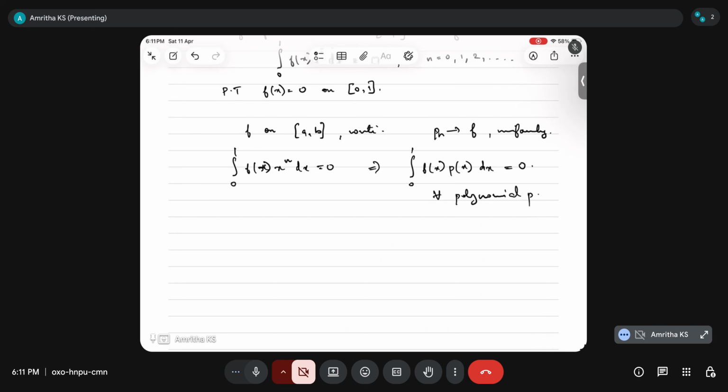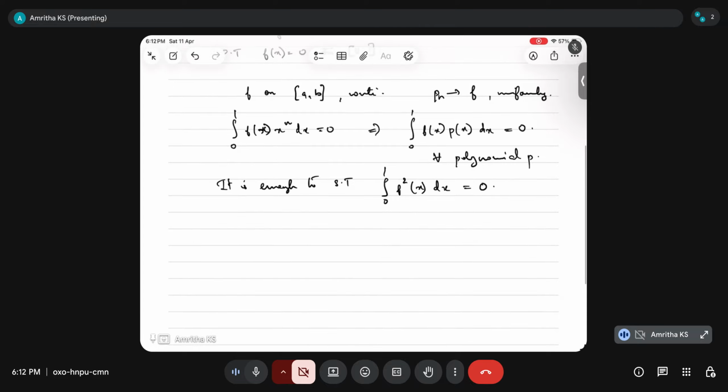Now it is enough to show that the integral from 0 to 1 of f(x) squared dx is 0, because I think we have done this as an exercise in Riemann integrals.